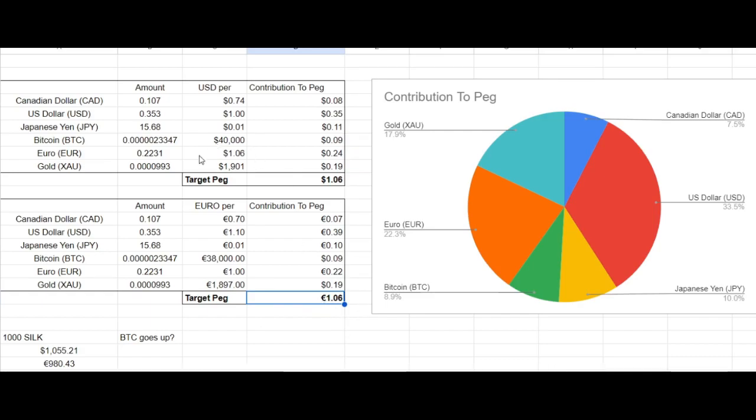But what that would mean over here is that the euro per dollar probably decreased, right? So let's say this goes to 0.95.